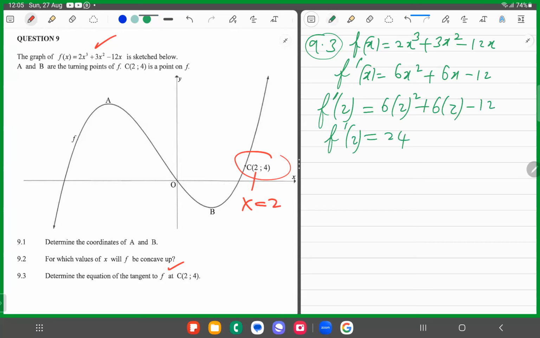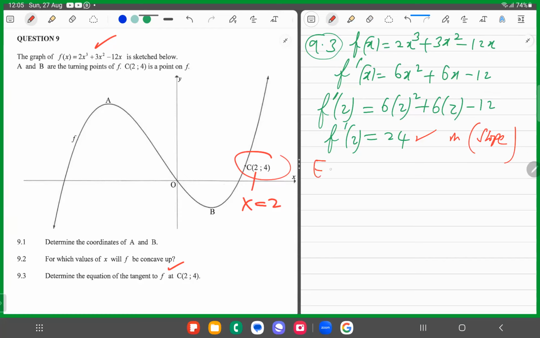What is the equation of the tangent now? Okay, we have found m, which is the gradient. So it is the slope.